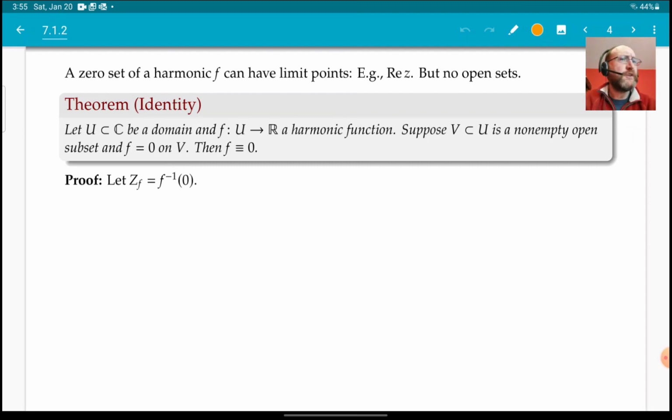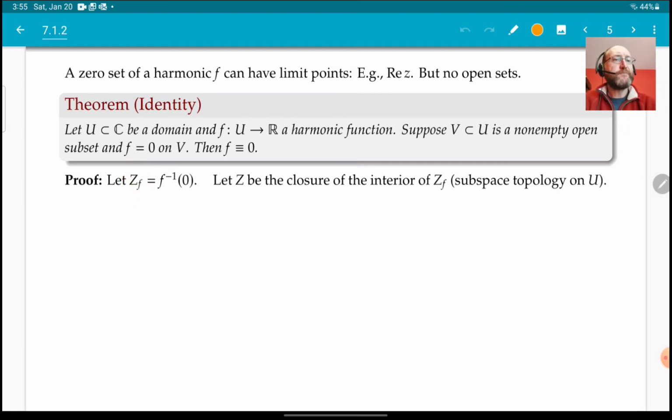Okay, so let's name the zero set of f Z_f. Now this could be a complicated set, but let's suppose it has an interior. So basically, suppose that f is 0 on an open set. Then take Z to be the closure of the interior of Z_f.